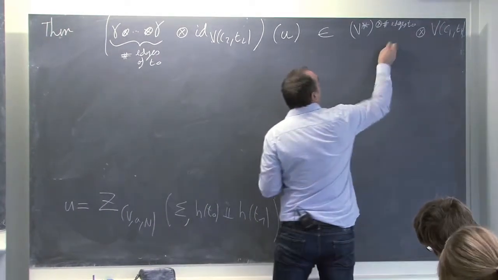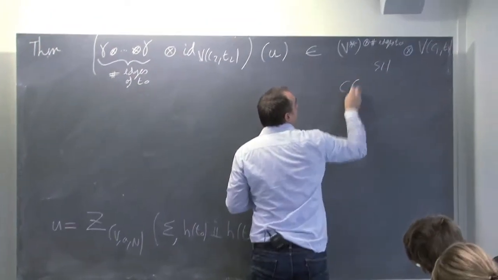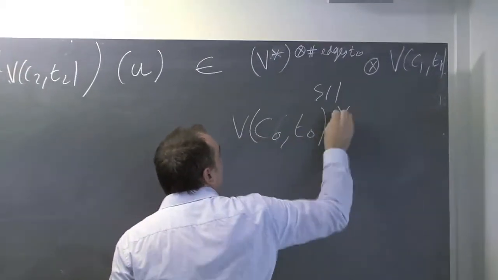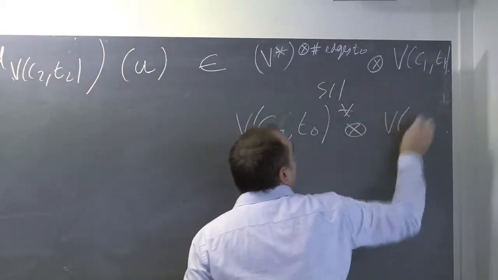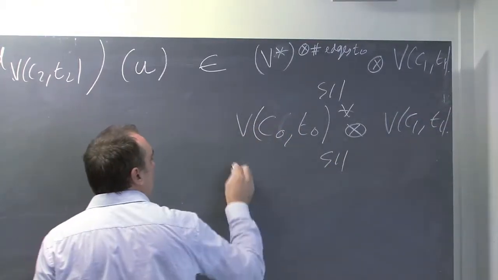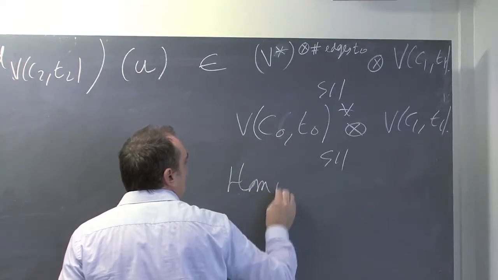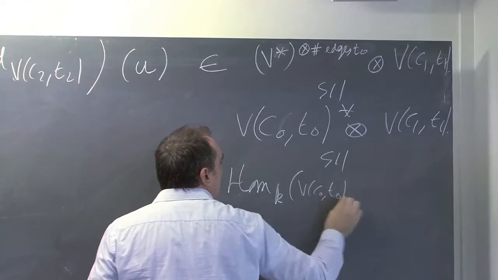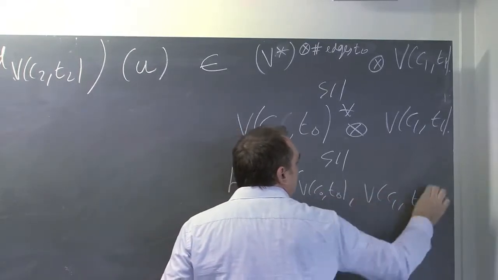So this is isomorphic to the vector space associated to C0, T0, the dual, tensor V of C1, T1, and this is isomorphic to K of V(C0, T0), V(C1, T1).